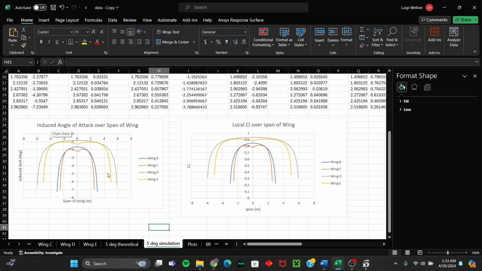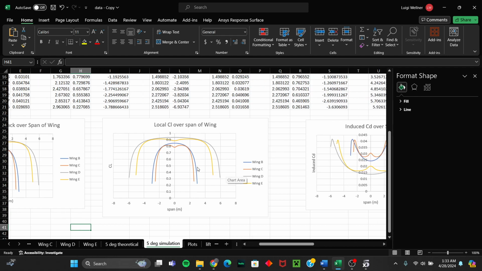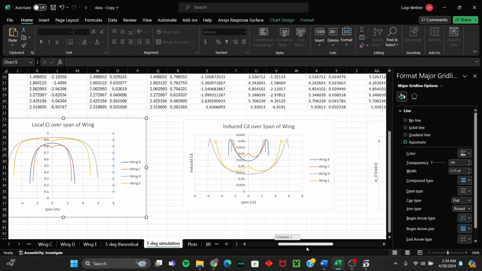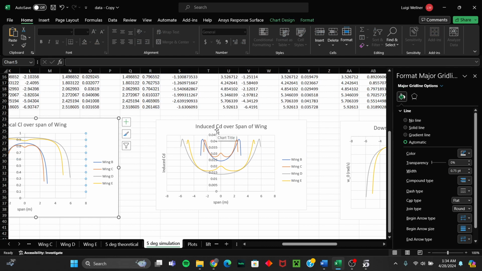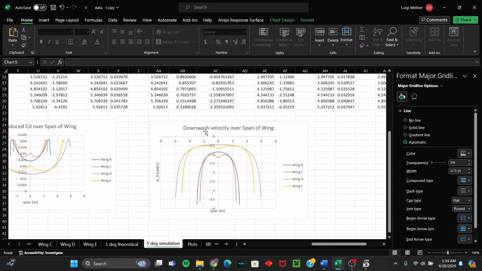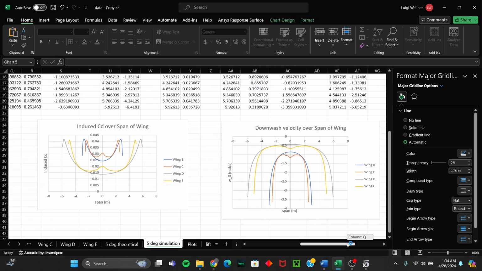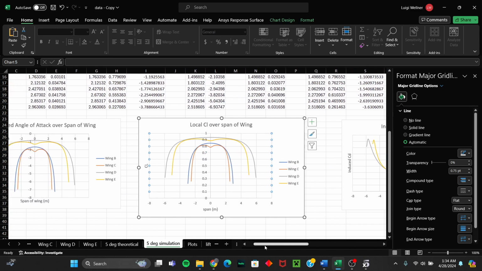For wing E, it's the yellow lines. And for local coefficient, the same thing. For wing E, it's the yellow. As you can see, it lines up pretty well. And for induced drag coefficient over the span, it also makes sense for wing E. And then there's also the downwash velocity, which is pretty much proportional to the induced angle of attack. So it goes to show why the graphs are very similar.